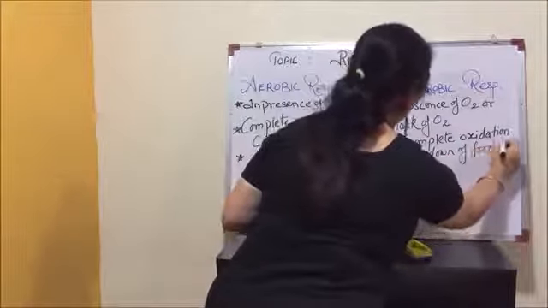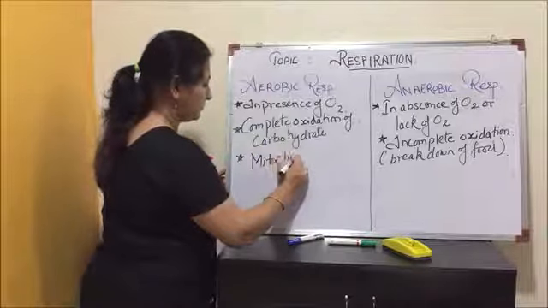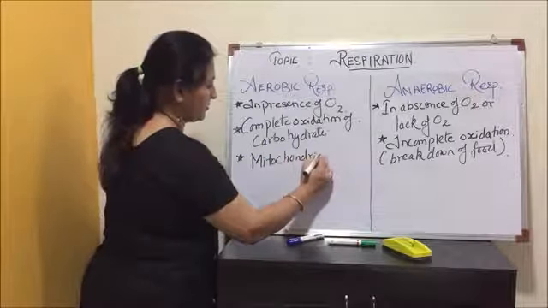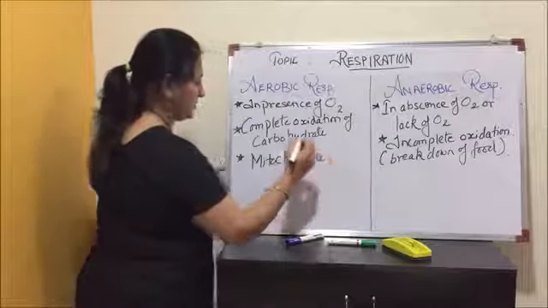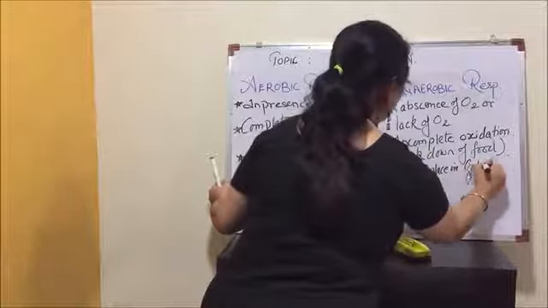This aerobic respiration takes place in mitochondria. Final respiration process takes place in mitochondria. Here, anaerobic respiration takes place in cytoplasm.